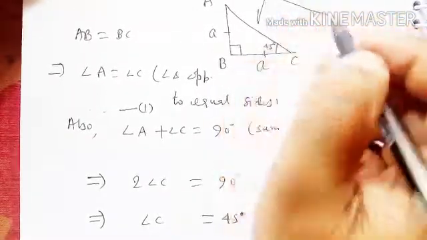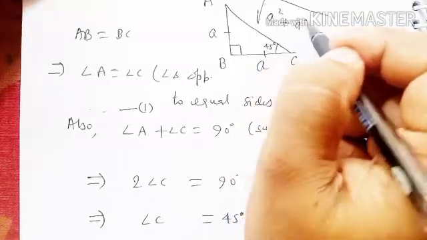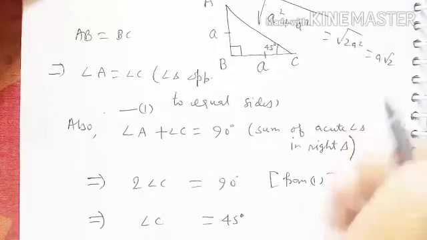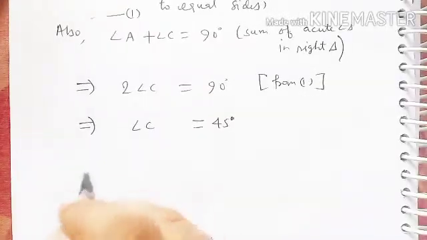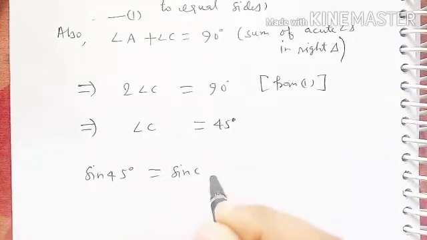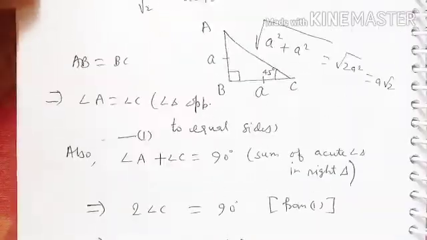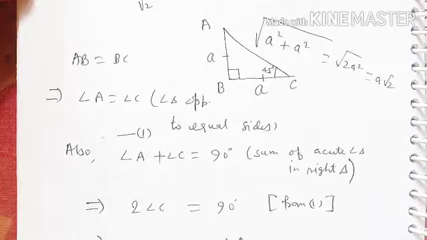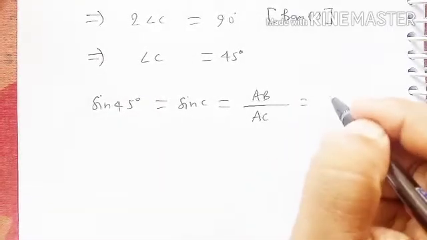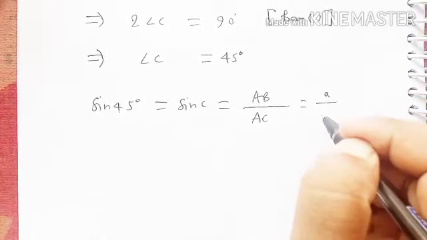By Pythagoras theorem, AC is A square plus A square, 2A square. This is A root 2. Now sin 45 degree, sin C is equal to AB by AC. AB is A and AC is A root 2.